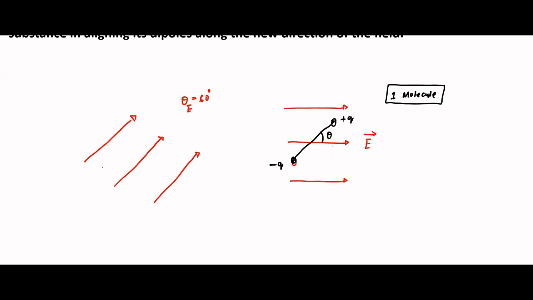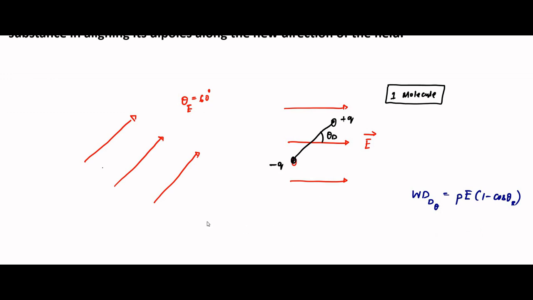This is the angle of the dipole which it makes with the electric field. So it means to rotate the dipole, some amount of work has to be done on the dipole. We know the formula: work done in rotating a dipole through an angle is given by P E into 1 minus cos theta r, where theta r is the angle of rotation.